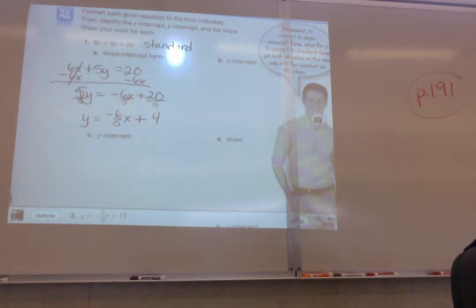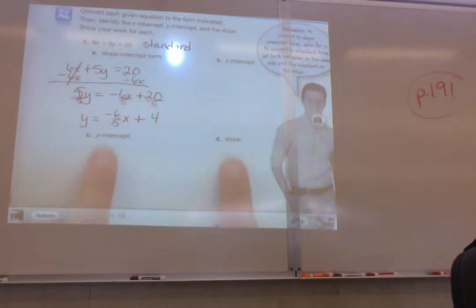Okay, in this form, it's easy to find these two pieces, slope and y-intercept. Myra, what's the slope? Negative 6 over 5, the numbers in front of the x, but you don't write the x with it, just the numbers in front.